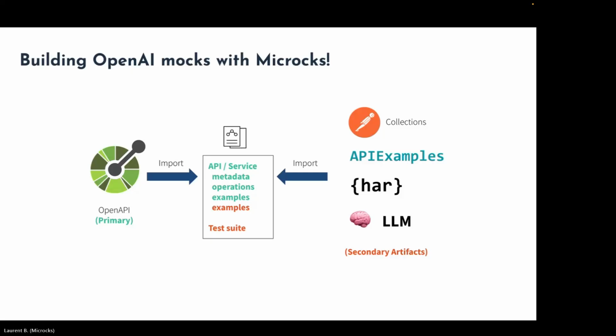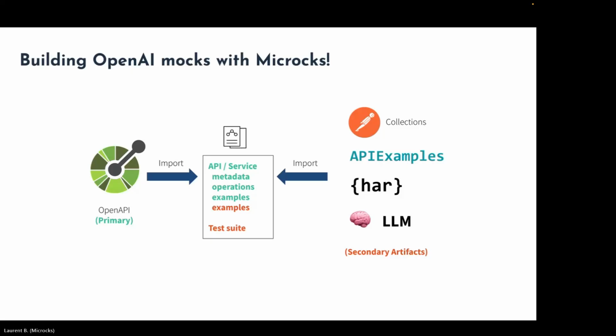So we still need one primary artifact, the one that defines the global structure of your service. And then you may ingest many other supplementary, secondary artifacts that will come to enrich your definition and complete the test suite you will use. And we will use that in some minutes in the workshops. Okay, so far so good. Any questions so far? Let me know.